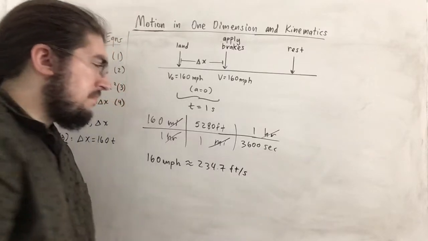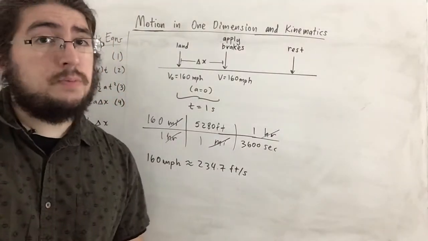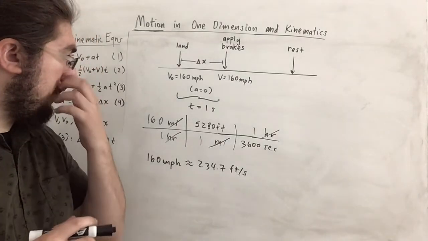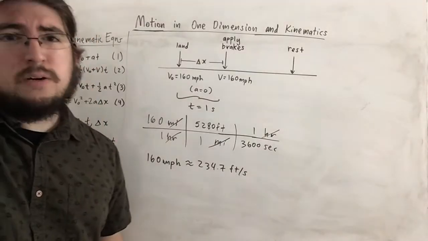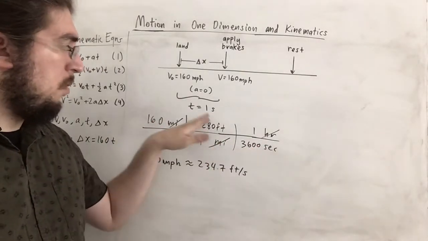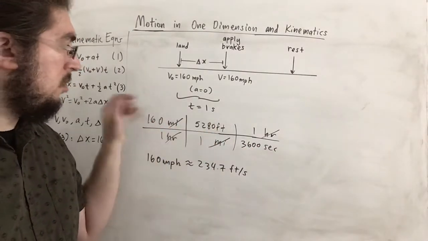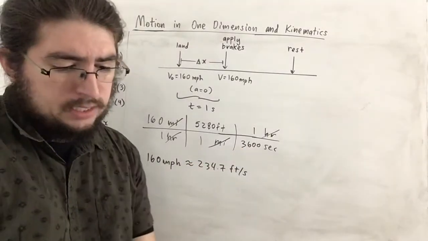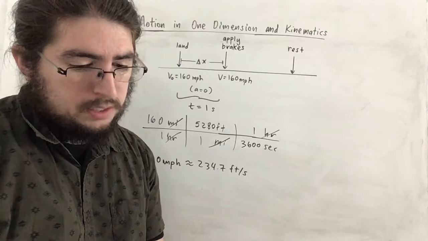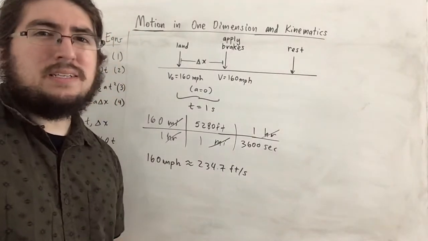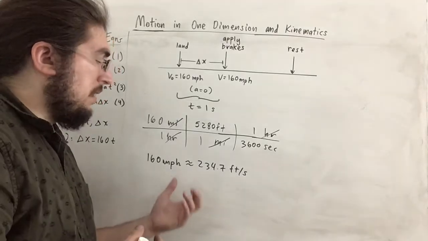By the way, the reason I didn't want to go with miles per second is that the number gets really small, because we'd be dividing by 3600 to introduce seconds, but we wouldn't have the 5280 to balance it out. So 160 divided by 3600 would be point something. Let me calculate it real quick: it'd be 0.044, which is not a really balanced number.